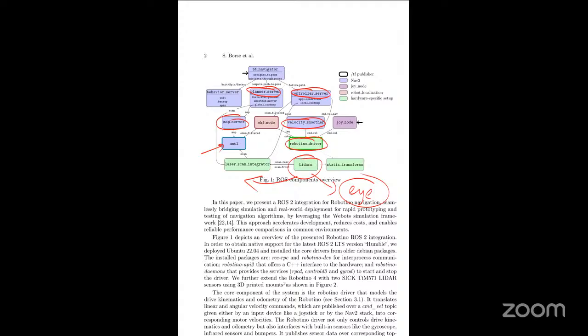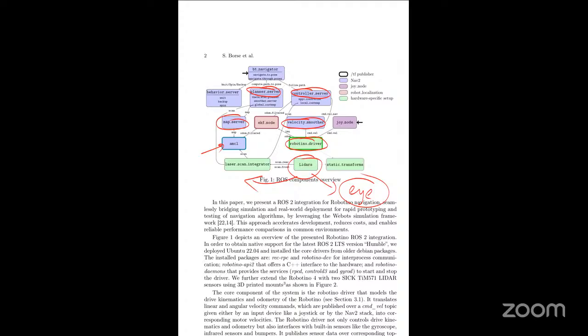Velocity smoother. Just imagine if the robot is changing its speed very quickly. Right now the robot is moving like this. If the robot changes its speed very quickly, what will happen? Jerky motion will happen, right?